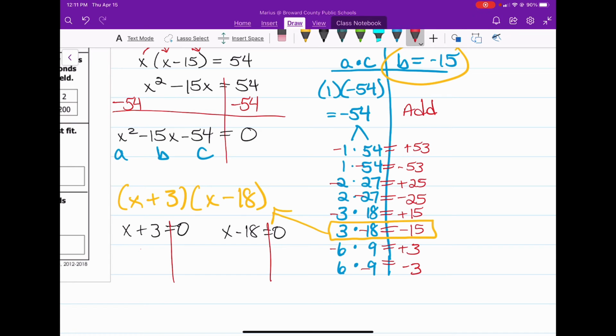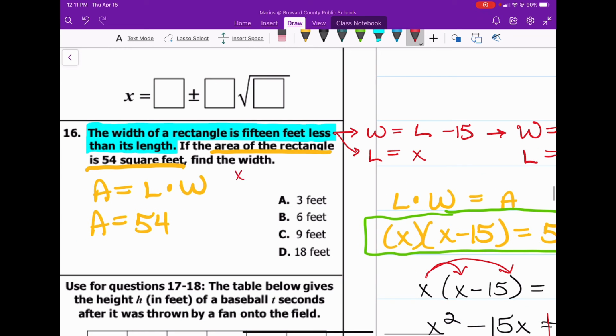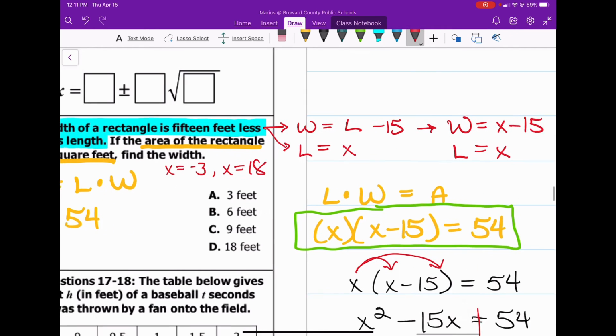For the first one, we're going to subtract 3 from both sides: X is equal to negative 3. And for the second one, we're going to add 18 to both sides: X is equal to positive 18. Now that we have both our x-intercepts, or our solutions, one of our solutions was x equals negative 3, and the other solution was x equals 18.